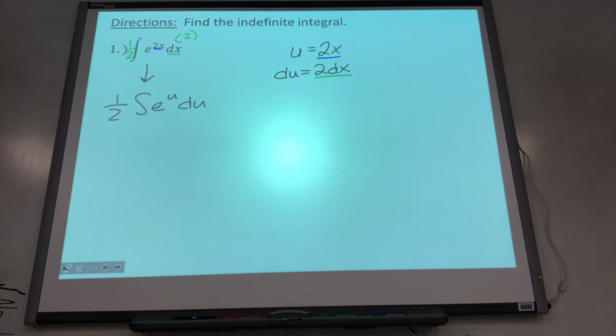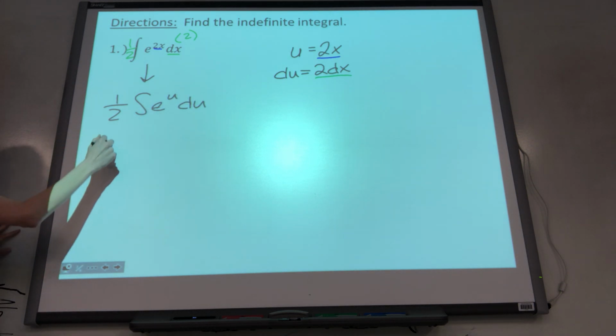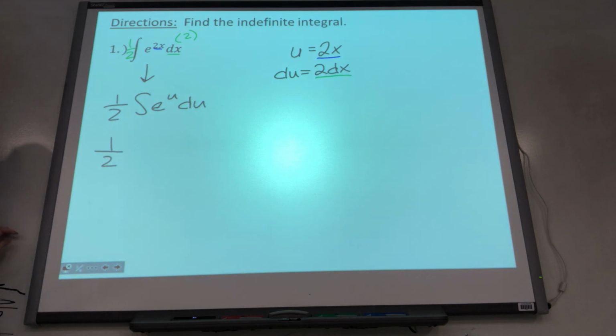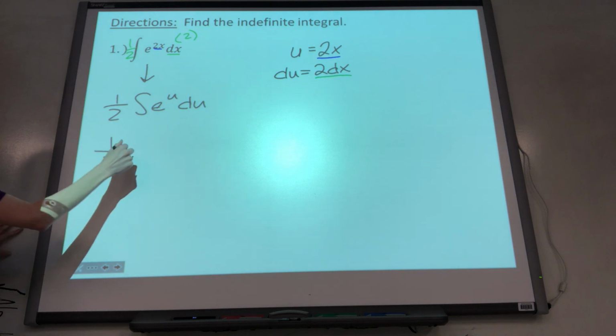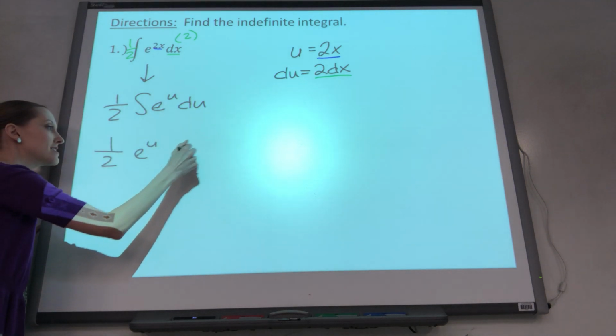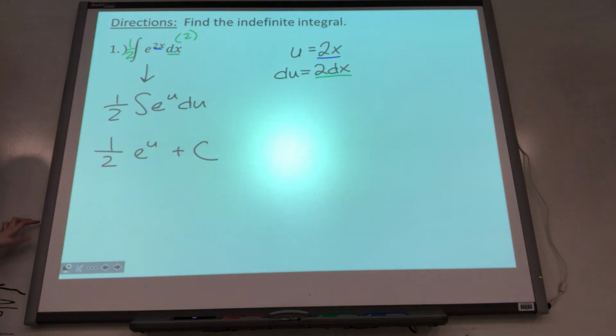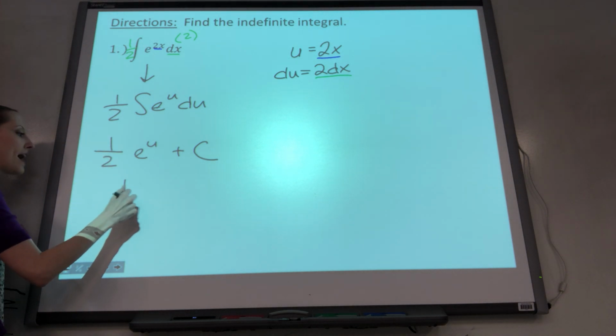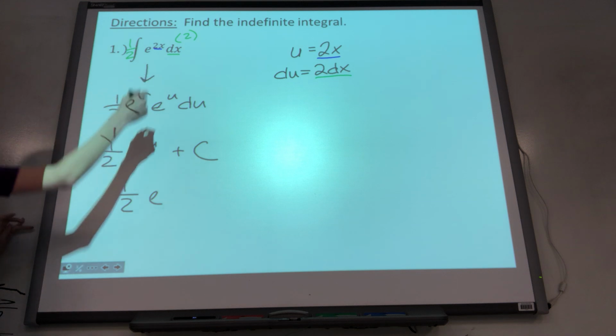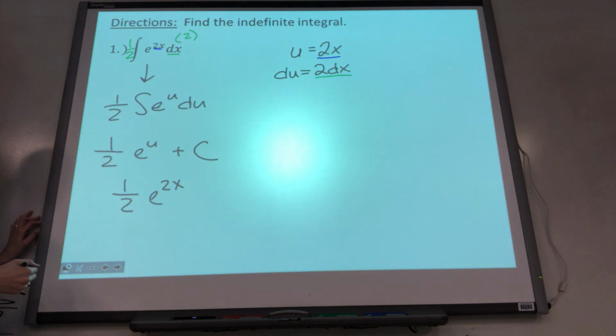Now we just have to integrate e to the u power. And if you follow the formula from earlier, when you integrate e to the u, it's just e to the u. But you can probably go ahead and do it in this step. You always need to go back and put in what u equaled.